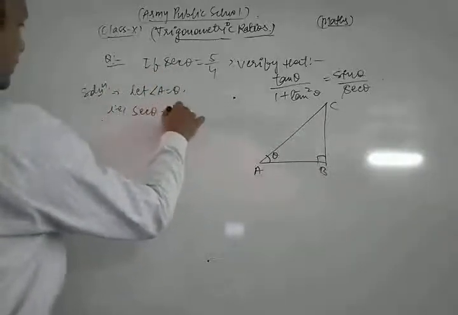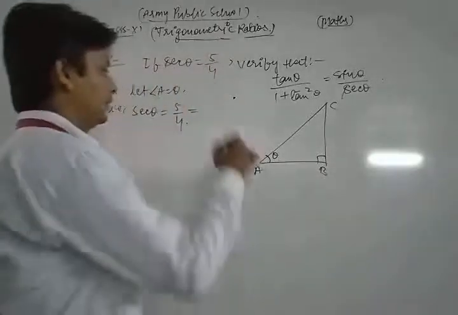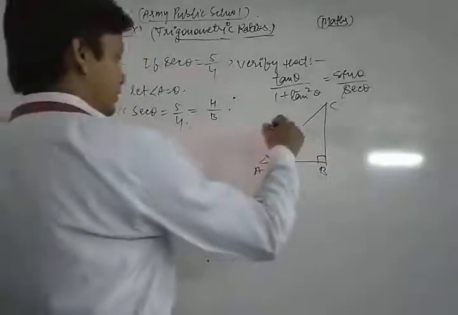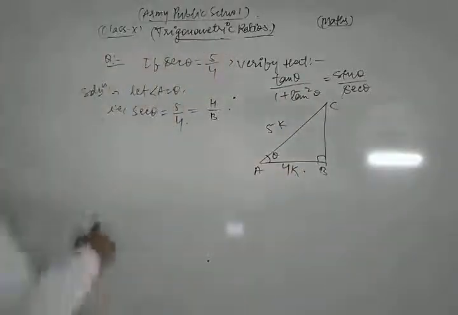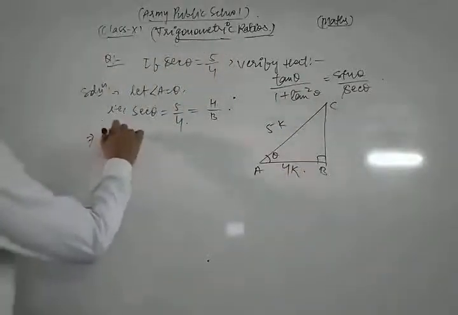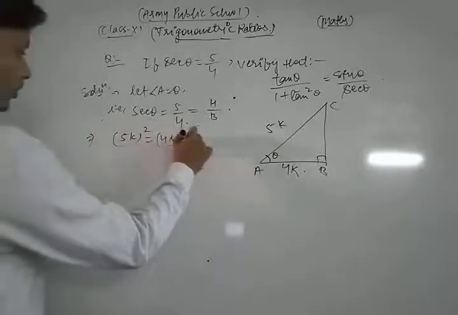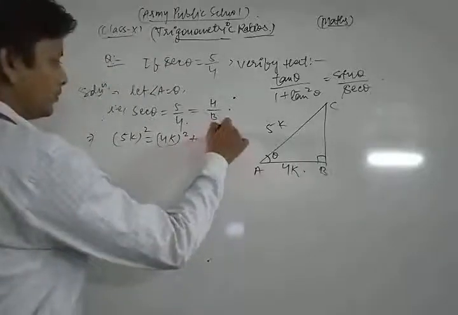Sec theta is 5 by 4, and sec theta is equal to what? Hypotenuse upon base. Hypotenuse is 5k and base is 4k. Now by Pythagoras theorem, 5k square is equal to 4k square plus BC square.